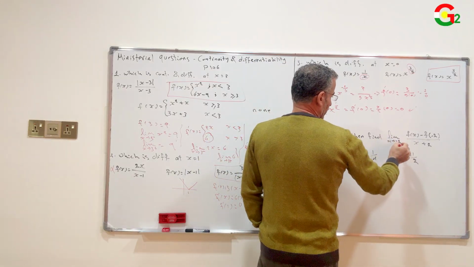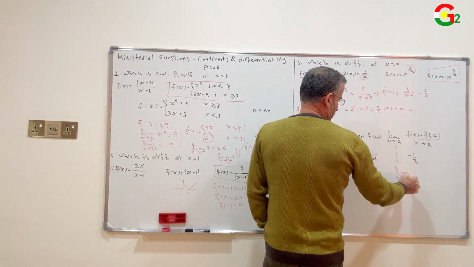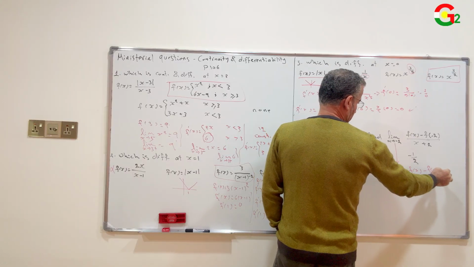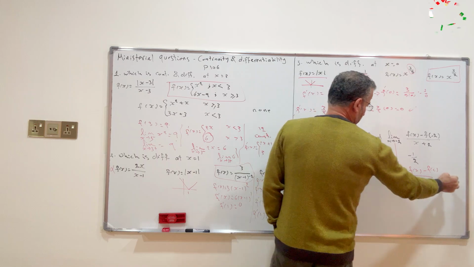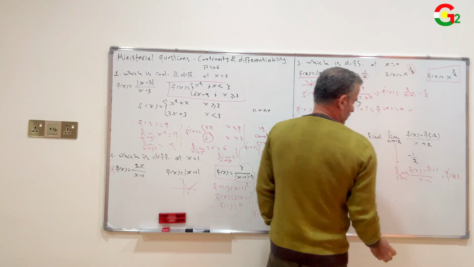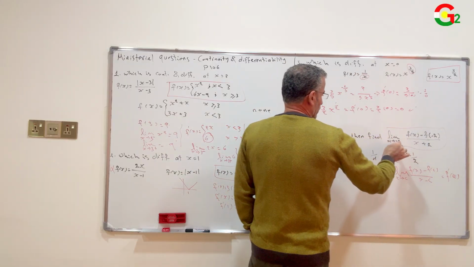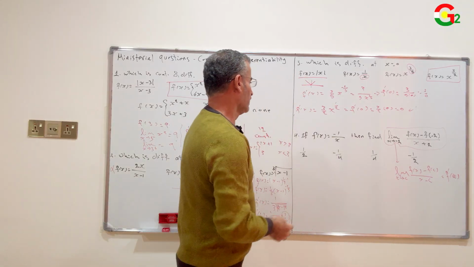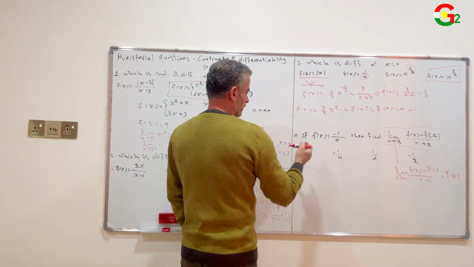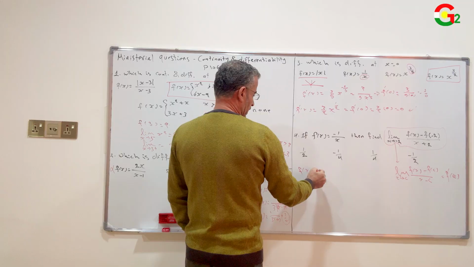If we compare this limit with the limit as x approaches c of f of x minus f of c over x minus c, which is the derivative of the function f at c, we see that this limit is the derivative of this function at x equals negative 2. So we want to find the derivative of this function at negative 2.